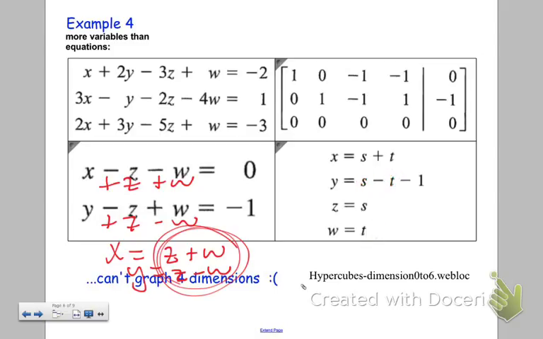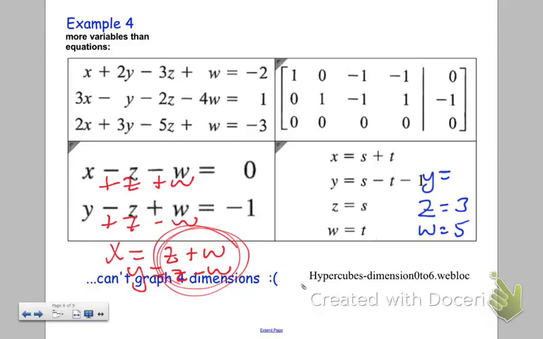So let's see an example here. Basically what this is saying is we're totally free to choose whatever we want w to be. So w could be, I don't know, 5. Z could be anything. Z could be, I don't know, 3. If I do that, then y depends on, and that's why we call it a dependent system, y depends on whatever we choose for those.